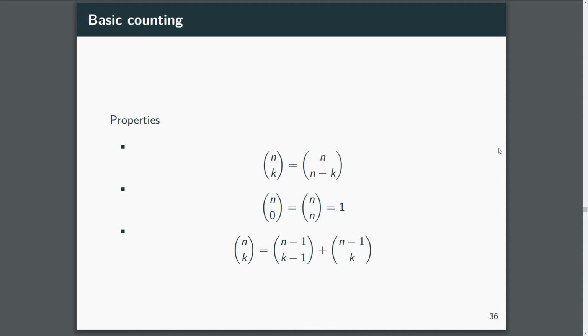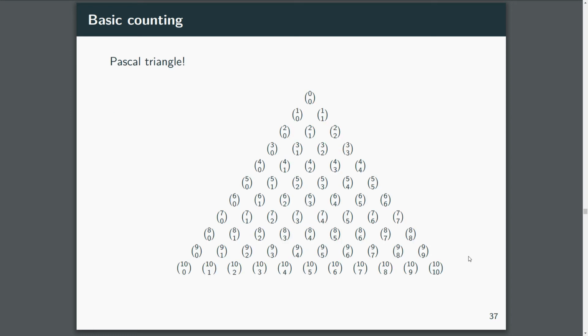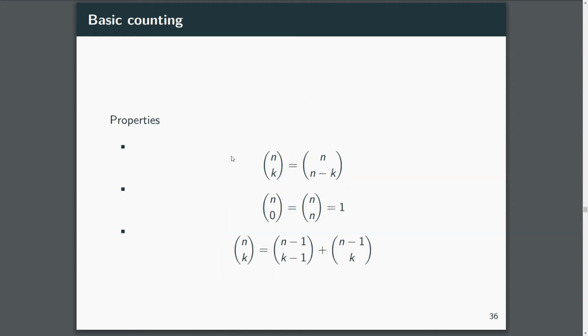And then this property here is very interesting, and if you look at Pascal's triangle, you can see it happening. So our property was that we can subtract 1 from both n and k, and add that with where we subtract from n, but not k.